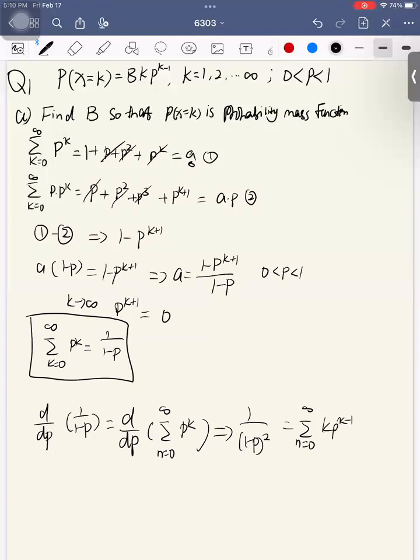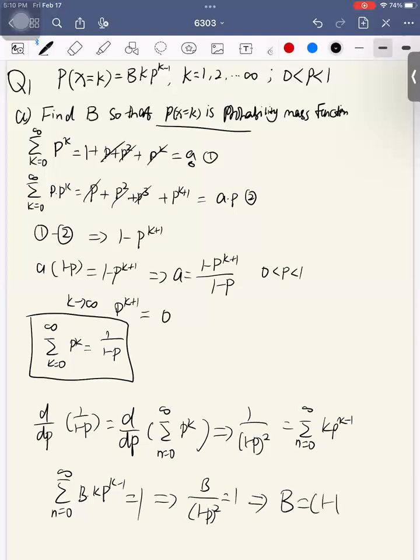After getting this, since we already know this one is a mass function, we can say b times the sum over k is equal to 1. So here we have this equation equal to 1. Then we can calculate that b is equal to (1 minus p) squared.